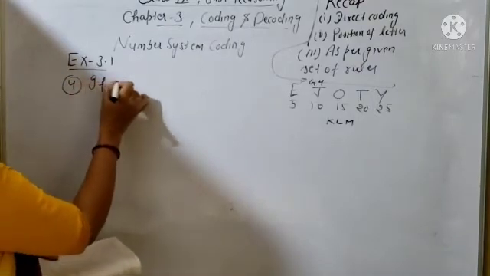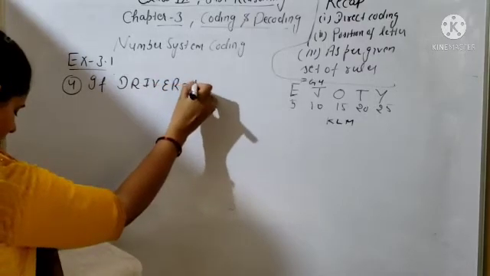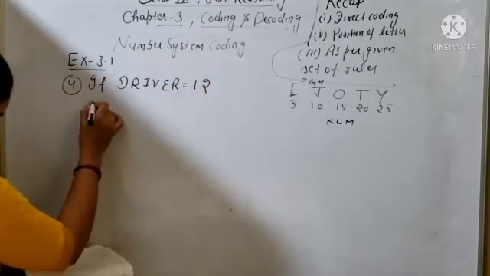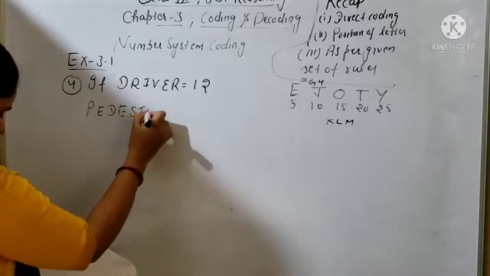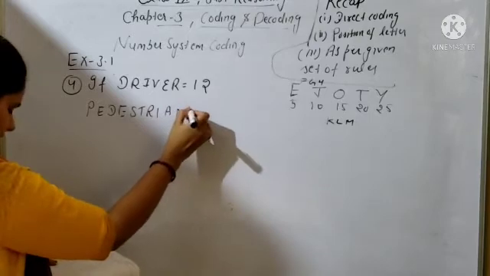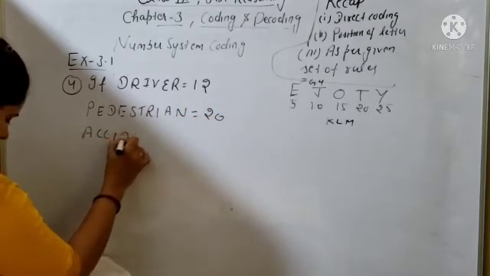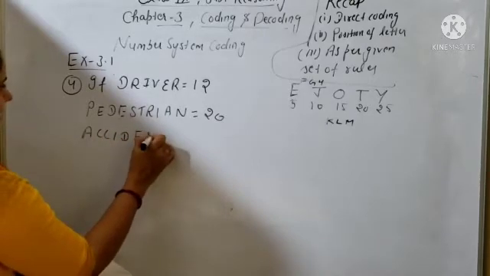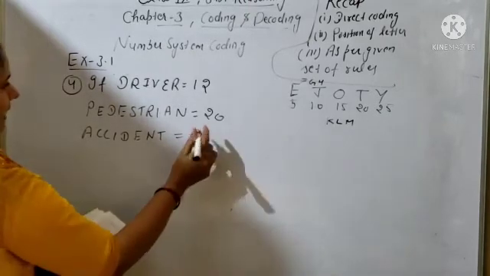If DRIVER is equal to 12, PEDESTRIAN is coded as 20, then ACCIDENT is coded as 16.